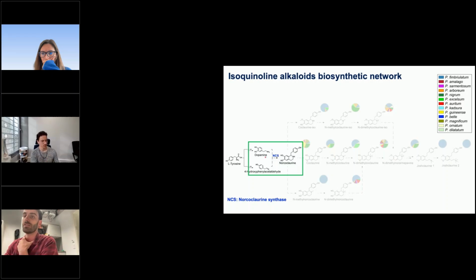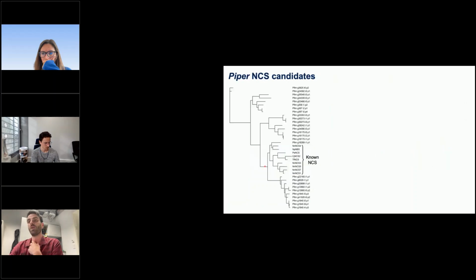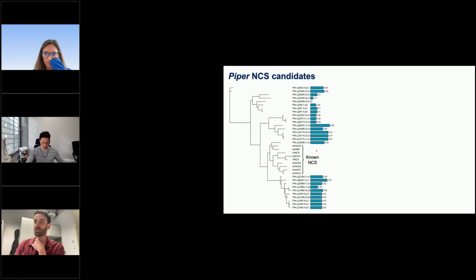And this reaction is known to be catalyzed by an enzyme called norcoclaurine synthase. And so what we did was to take all our candidate genes for this reaction. You can see there are quite a few. And we ran our algorithm, and those that you see here as bars are the corresponding score given by the algorithm to each candidate.